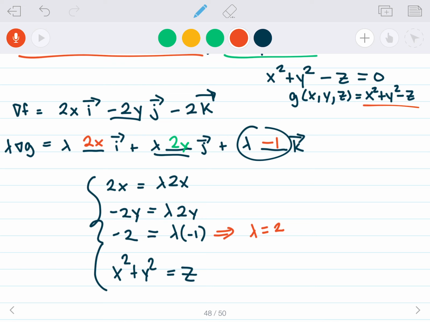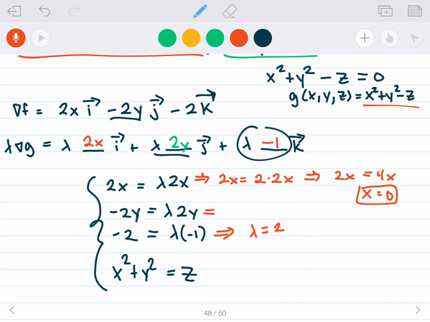Well, if I plug in lambda equals 2 into this first equation, I get 2x equals 2 times 2x. So that means 2x equals 4x, and you can deduce here that x is equal to 0.